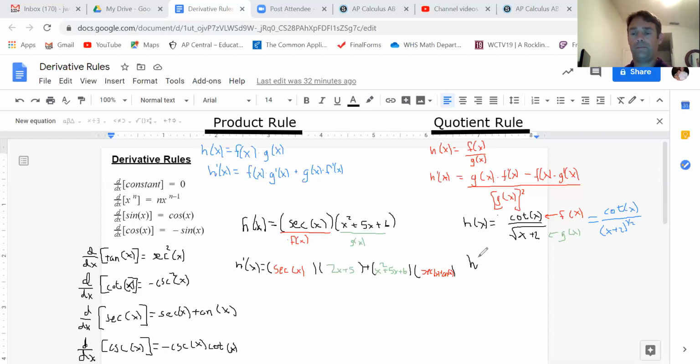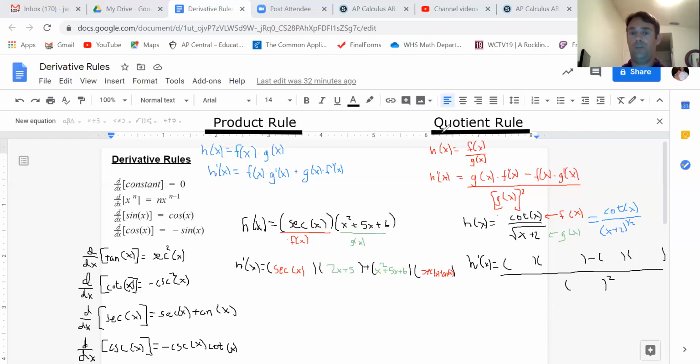So we're going to have the bottom times the derivative of the top minus top times the derivative of the bottom all over the bottom squared.